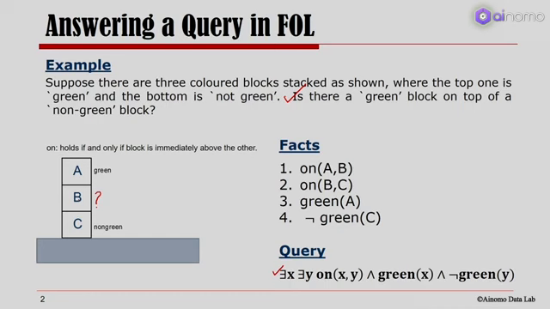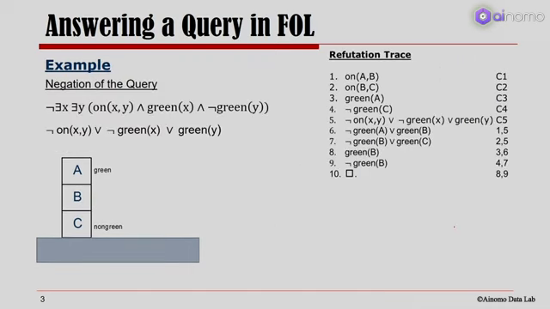Now in order to show that this statement is true, in a resolution refutation proof we take the negation of the query. So we write not there exists x, there exists y, on(x, y) and green(x) and not green(y). If we push the negation symbol inside, we have for all x, for all y, not of this, and then I can get to the clause form.